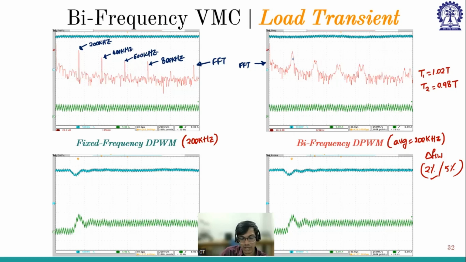Whereas in this case, we are not operating exactly at 200 kilohertz, but at a slightly lower frequency as well as a higher frequency, but the average is 200 kilohertz. So you see this peak is getting spread, that's why it is called spread spectrum. Because the frequency is being divided, the peak is also getting reduced.